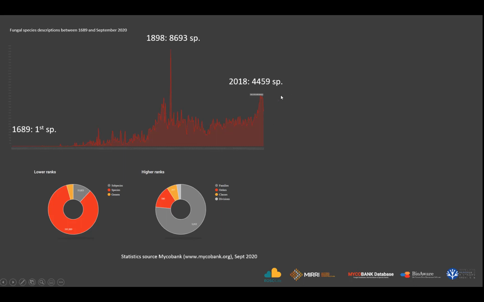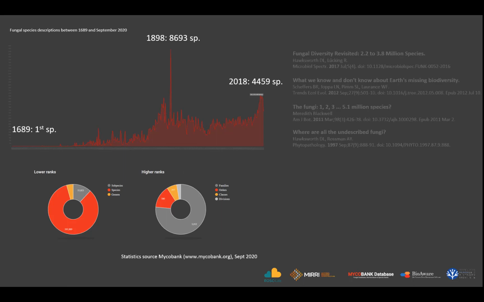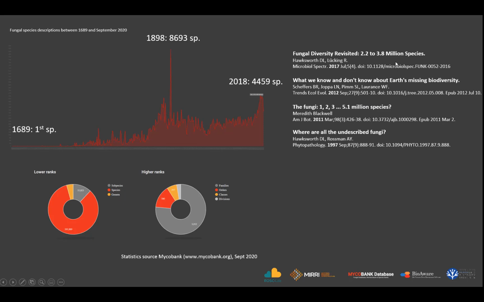That's quite a number, but this is far from sufficient if we look at the estimated diversity that is out there. Of course, those papers give estimations, so we are not sure whether the numbers proposed are close to reality or very far from it.